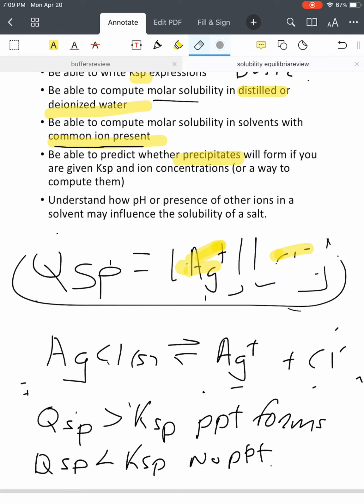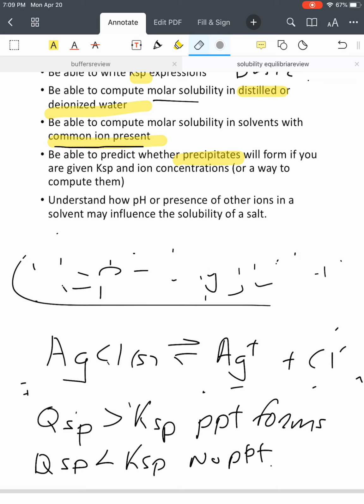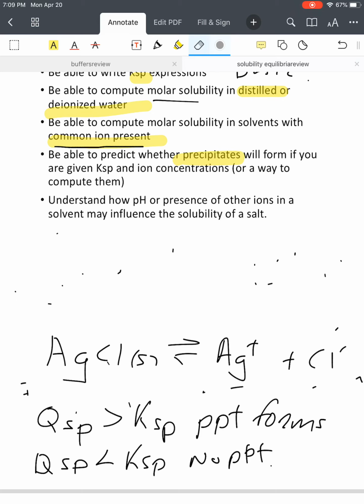And then lastly, the last point on this slide is to understand how the pH or the presence of other ions in the solution or solvent may influence the solubility of a salt, okay? So how do other ions and or the pH?